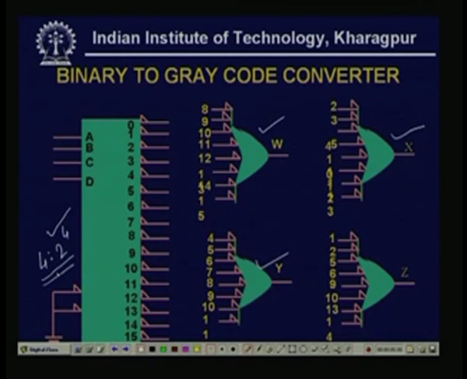When these ABCD values are 8 to 15, means 1000 to all 1, then my W will be generated. It will be fed to the input of the W. Similarly, when the ABCD value is any one of these, means 4, 5, 6, 7 and 8, 9, 10, 11, 12, then Y will be generated, and similarly X and Z will be generated.